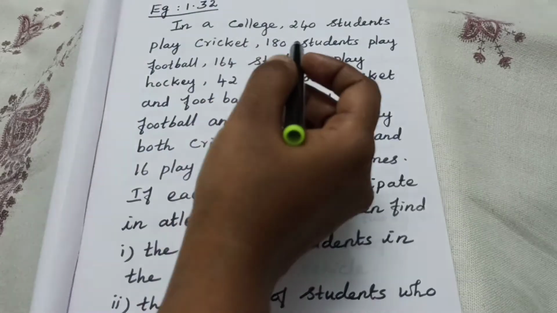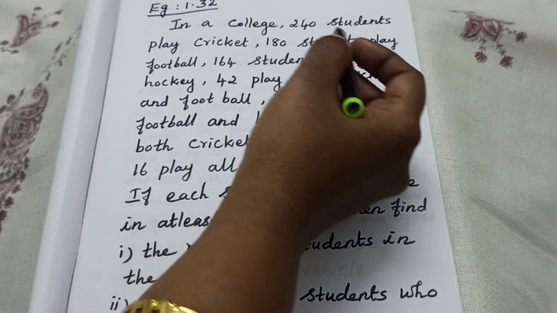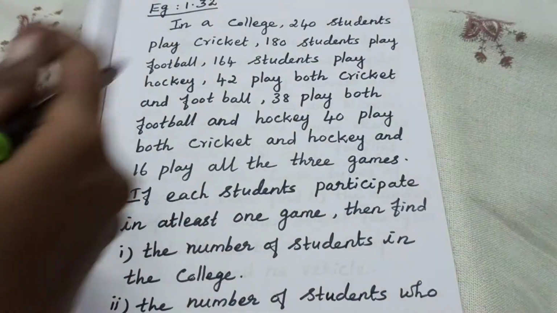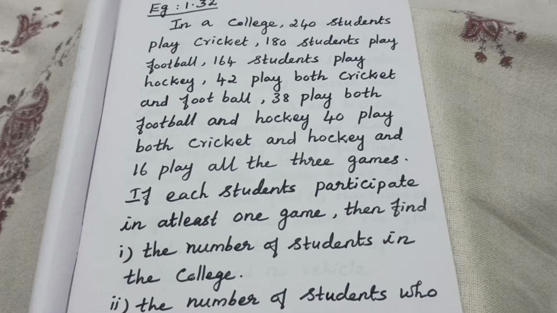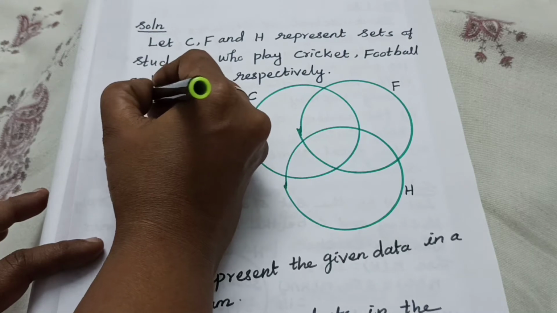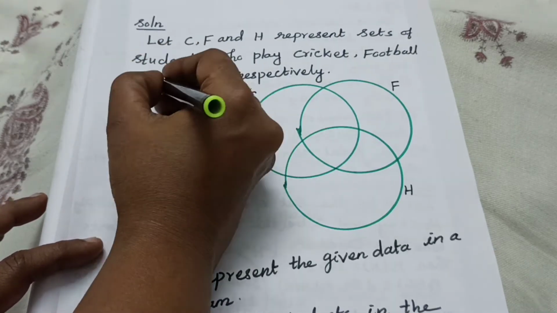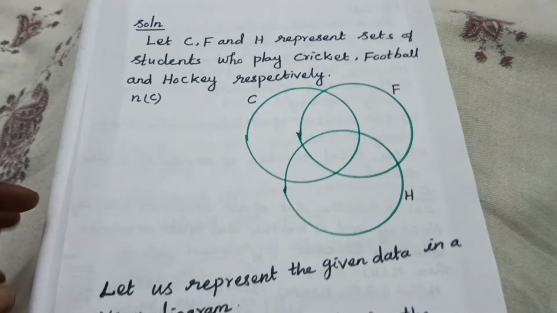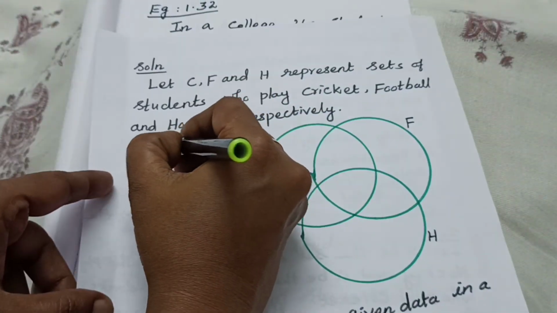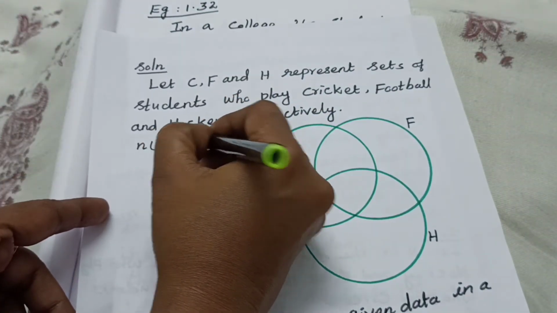Then what is given? 240 students play cricket, so n of C is equal to 240.